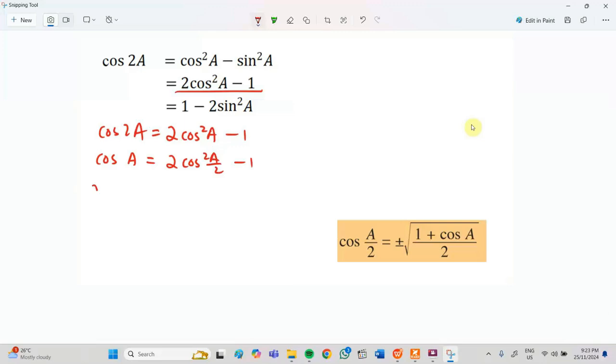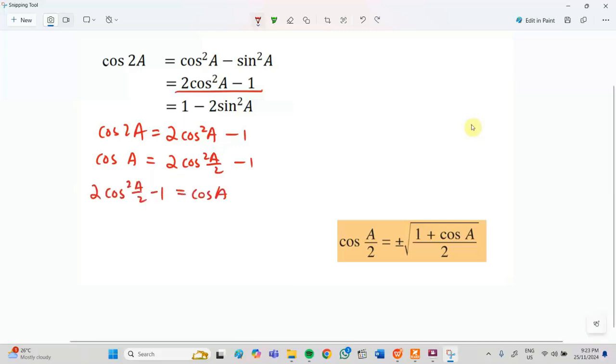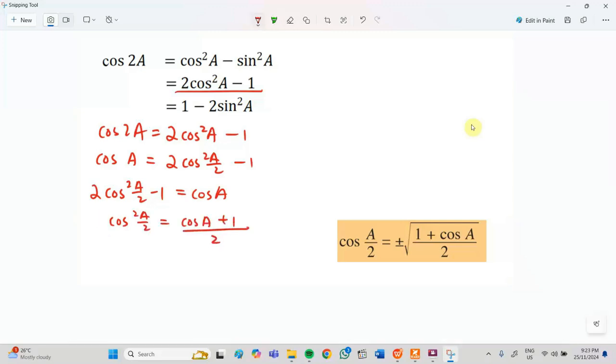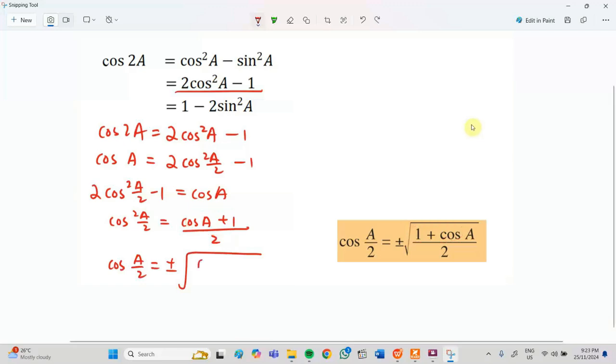Then we're going to flip both sides here. You get this. Then I move the square to the other side. It becomes plus minus square root. And I rearrange this such that it matches the formula given here. So I have 1 plus cosine a over 2.